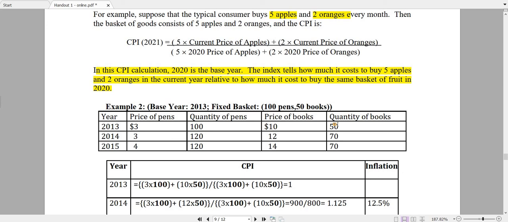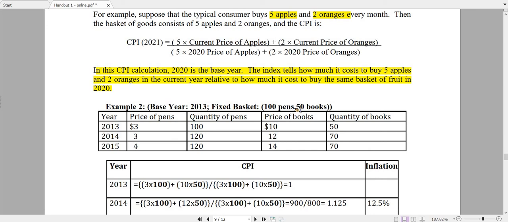I am assuming that our economy produces only 2 commodities, which are pens and books. And I'm again assuming that the base year is 2013. Furthermore, I have to fix my basket. I explained to you that in CPI, the first step is to select a basket of goods and services, which is typically consumed by a consumer.